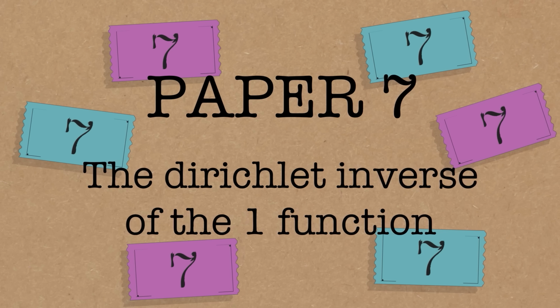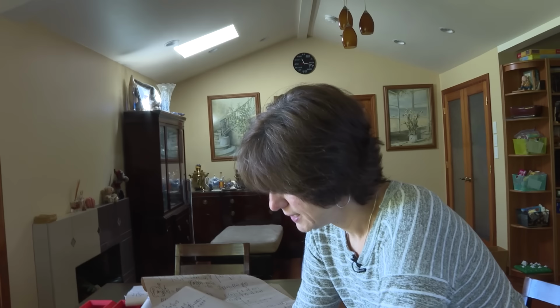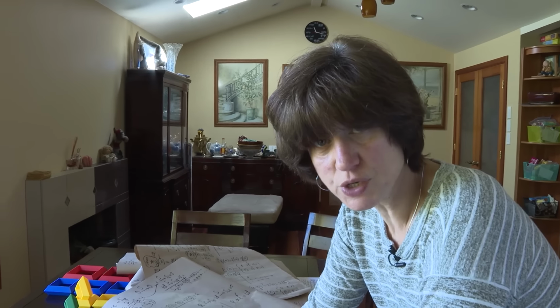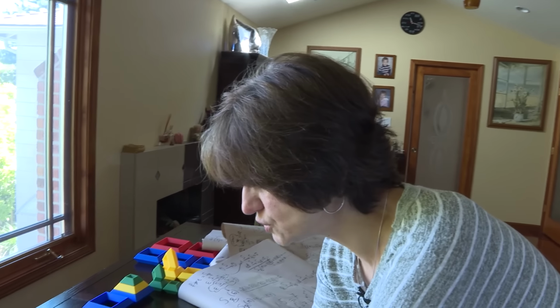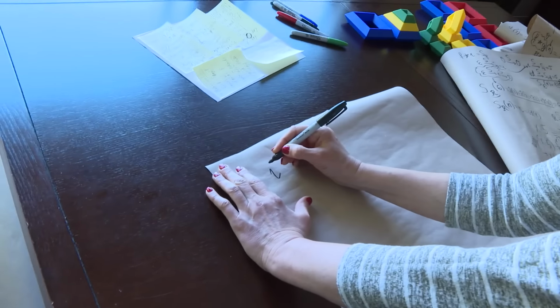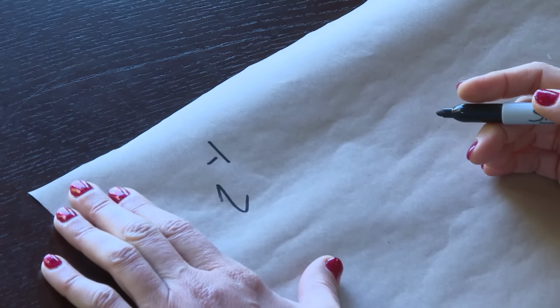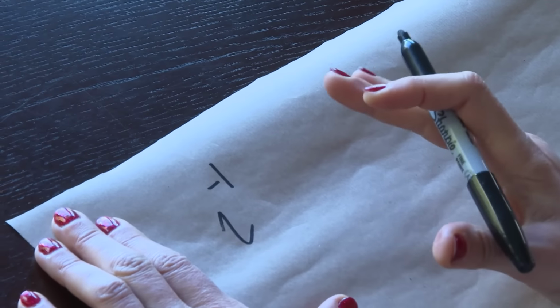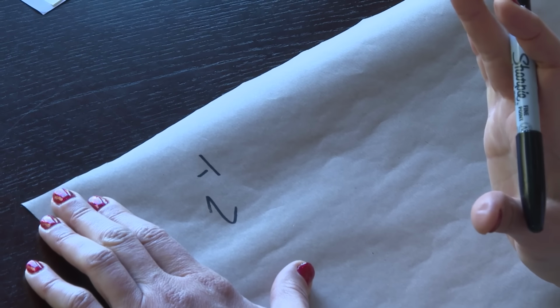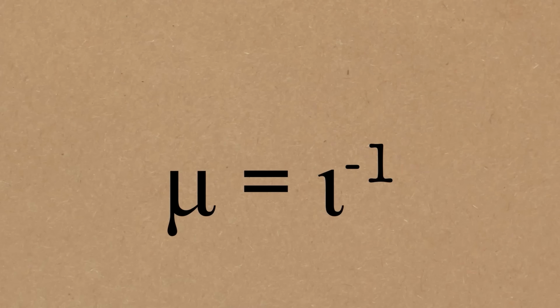So how do I find that? Okay, so the last big stretch here is to find the Dirichlet inverse of the constant 1 function. That's not the reciprocal or anything crazy like this. It's even more crazy. It's the Dirichlet inverse. Let's give it a name.